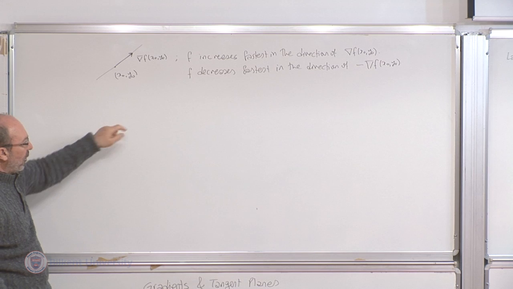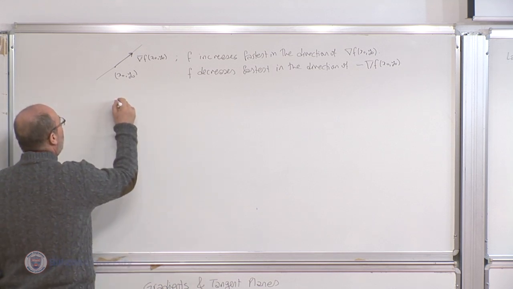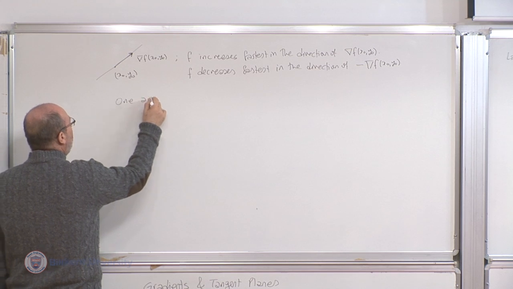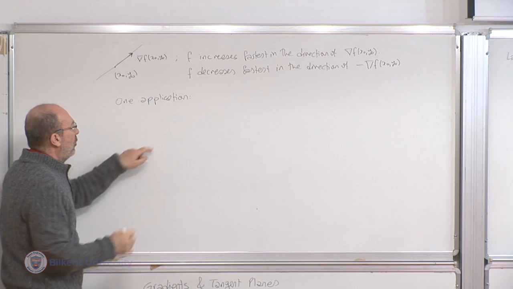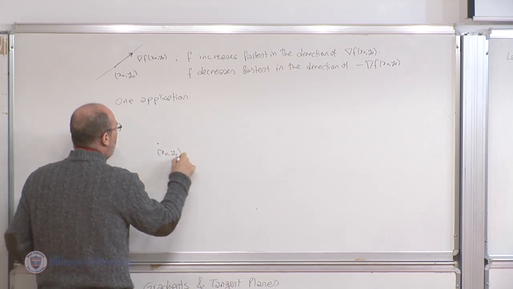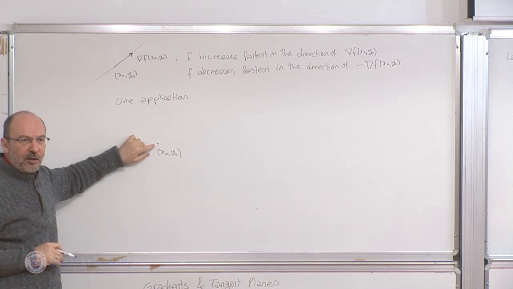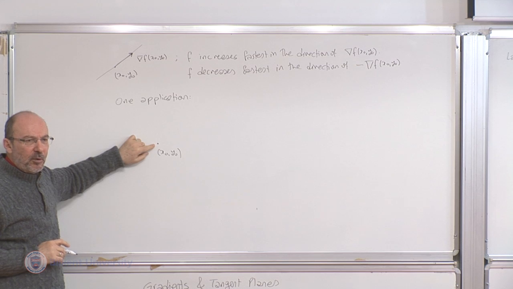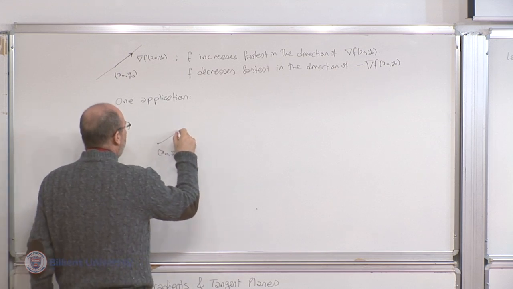So you start from a point. Okay, so one application of this. You start from a point at (x sub 0, y sub 0). Okay, so you say, I suspect, you examine the function a little bit. You suspect that this is probably a maximum for this point. To check this, you move in the direction of the gradient.